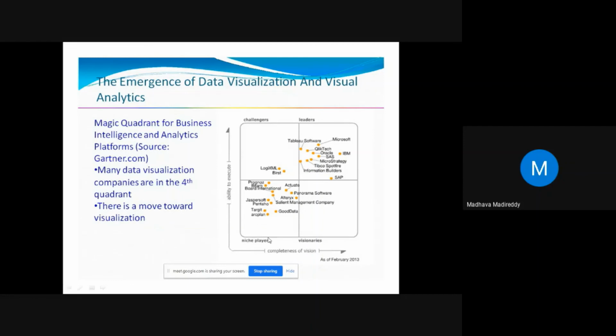That is why you now see the majority of the successful companies here. They're industry leaders because they are visionaries, and the programs are also very easy to execute. If you look at Tableau, it is such an easy tool to work with, and yet a very powerful tool.